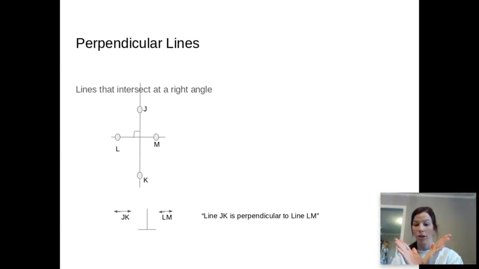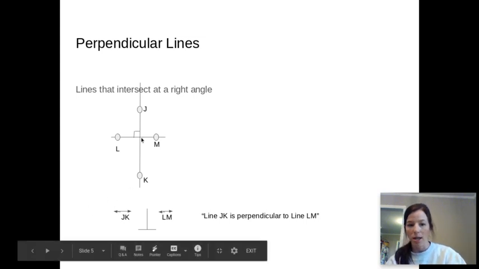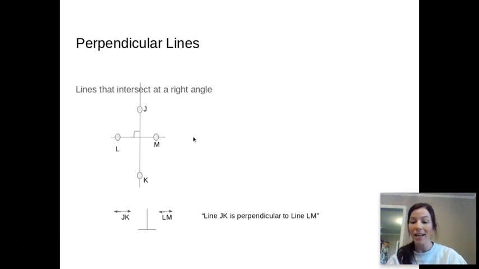Or if it's a little larger, it's obtuse. And if it's a little smaller than that piece of paper, that edge, then it would be acute. But lines that intersect at a right angle are considered perpendicular lines. So for example here, line JK is perpendicular to line LM. So that's all review from last week with Miss White.